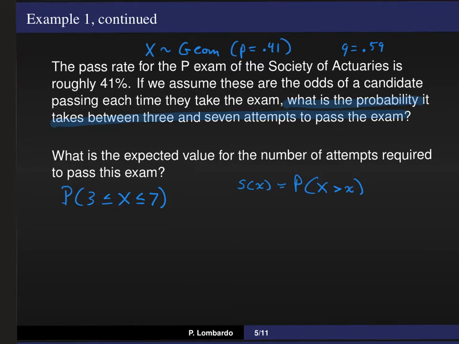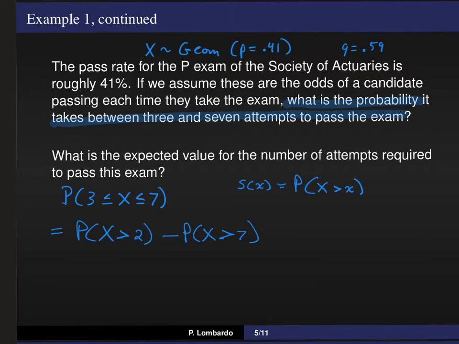We want to include 3, so the x value we want to use is actually the probability that x is greater than 2, so that would make sure that we include 3. And then we want to get rid of everything that's above 7, so what we'll subtract here is the probability that x is greater than 7.